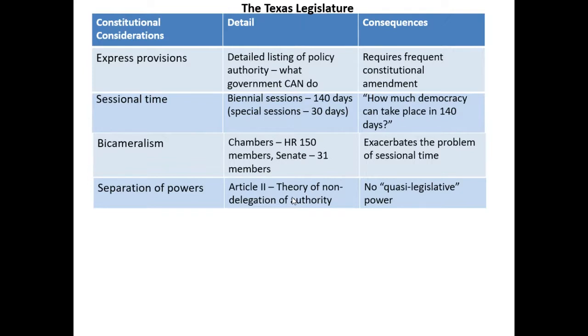Let me give you an example. Again, examples always help, I think, right? In 1990, the support for having a lottery in Texas built to the point where the legislature proposed an amendment to voters. Okay? Now, why didn't the legislature just pass a law creating the Texas lottery?